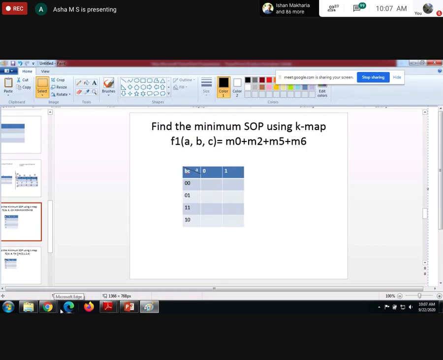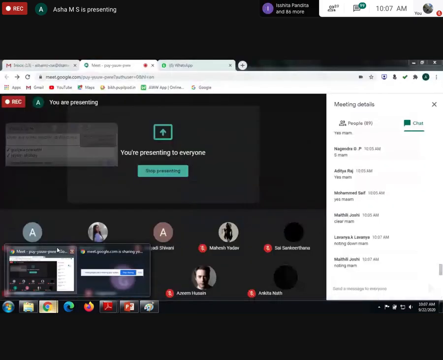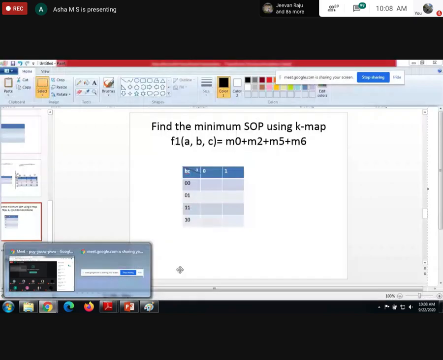Noted it? Writing should be fast. Find the minimum sum of product, or SOP, using K-map.